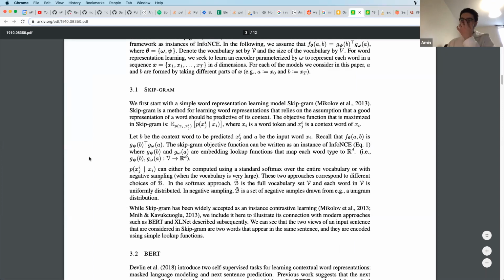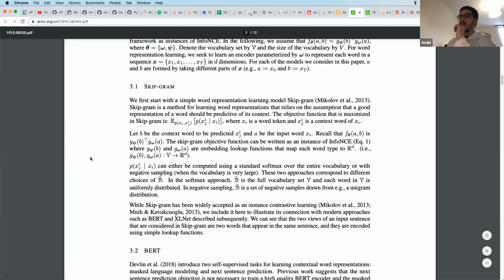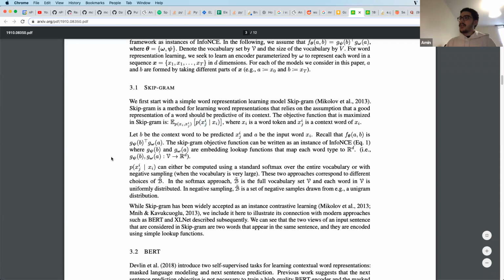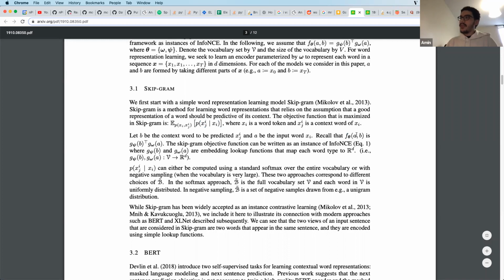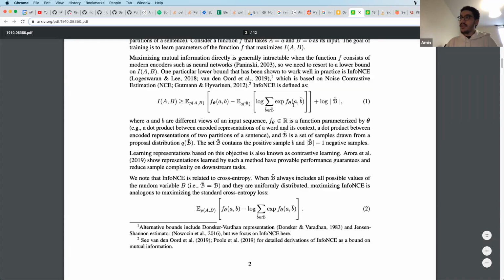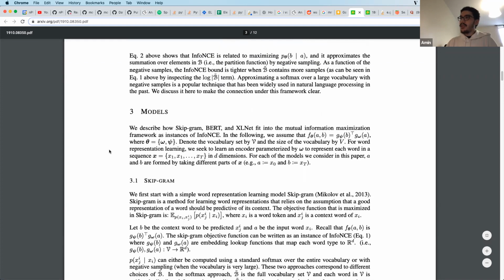So how does this relate to the framework? Well, this is the objective function of the Skipgram model, the probability of a context word given a word token, and we define the function that we're interested in, the one that's in the loss, as a dot product between the representation of the context and the representation of the word.